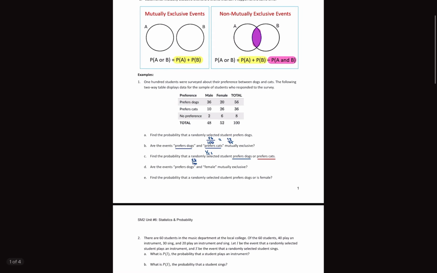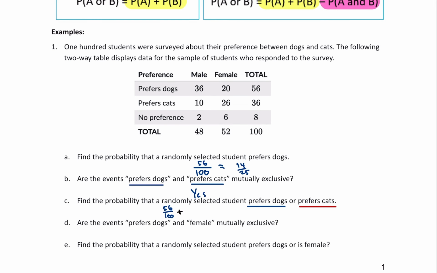So I'm going to add this to my probability of those who prefer cats. How many prefer cats? If I look up at my table, 36 of them prefer cats. So I'm going to add that, 36 out of 100. If you add those across, you get 92 out of 100 prefer dogs or prefer cats. And that simplifies down to 23 over 25.